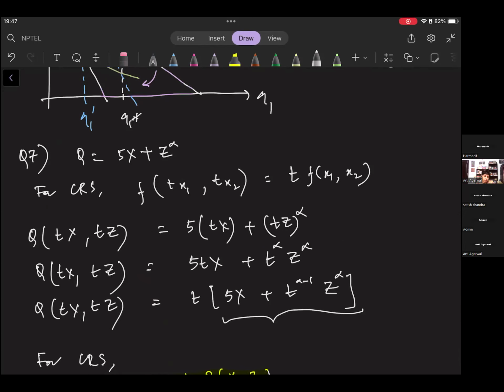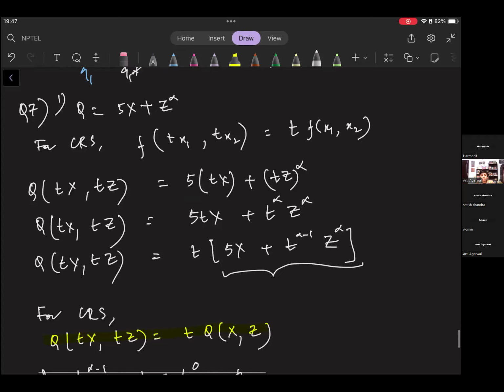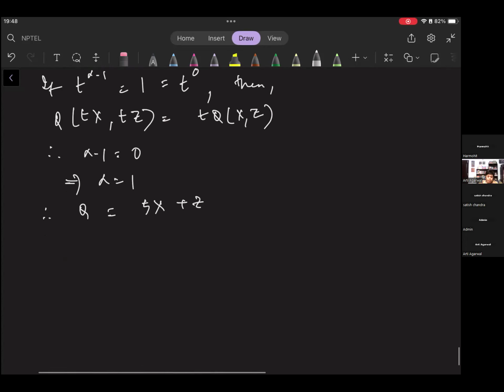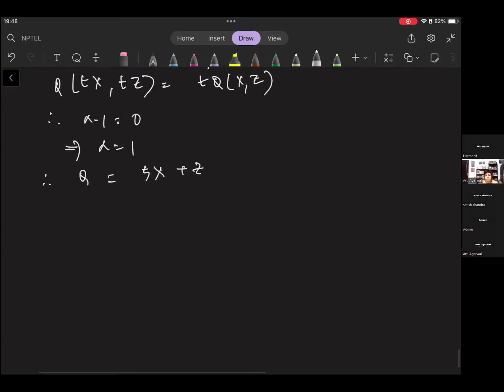I have just maybe given you a function which looks difficult, but it is not. If alpha is 1, it is a case of perfect substitutes. If alpha is not 1, then of course it is a different thing. But for CRS, that is the condition and that is how we get it.